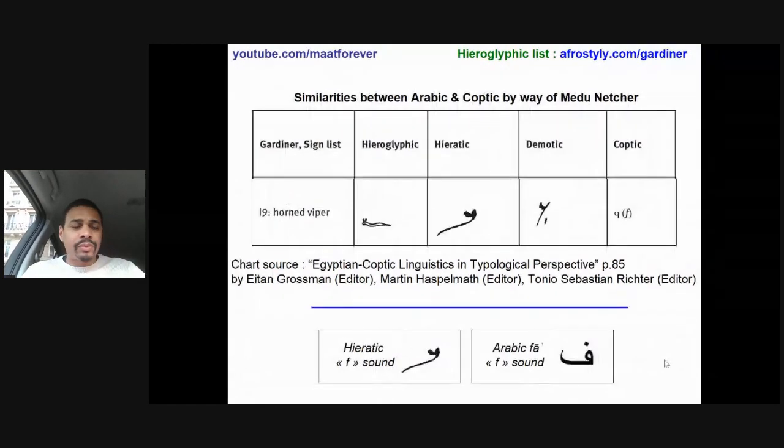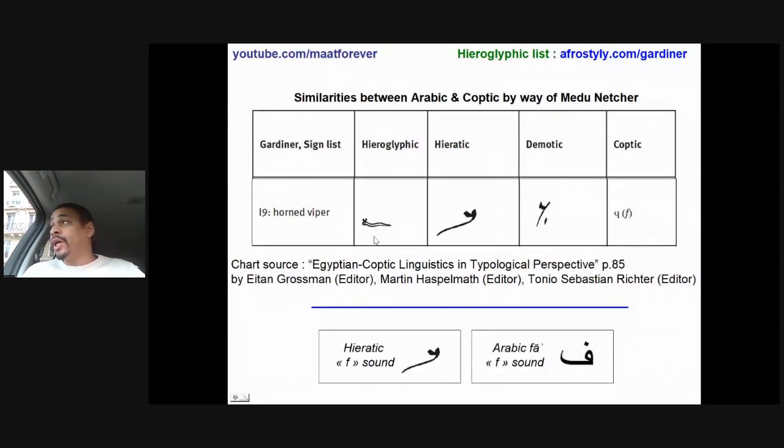Now, second example, we have still the same chart from the same book, page 85. So the Gardiner sign I9 is the horned viper.